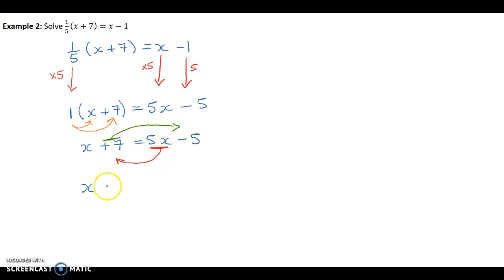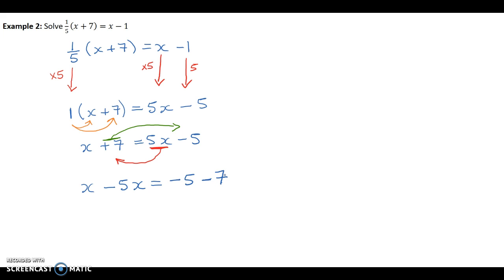But it's changing sides, so we change its sign. You should at this point be doing that without thinking. On the right hand side, we have a minus 5 there already, and we moved the 7 that way. It was plus 7, it's moving across the equal sign from left to right, and because it changes sides, we change its sign. So plus 7 becomes minus 7.